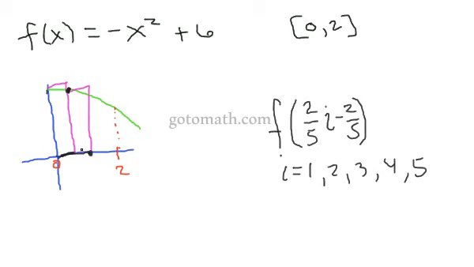But what's happening here is I'm going back and subtracting off a 2/5. So remember, if i were equal to 1, then we would be here at 2/5, because 1 times 2/5 is 2/5. But then if I subtract off a 2/5, we're just back to here. See? And that's how we're going to get our left endpoints.